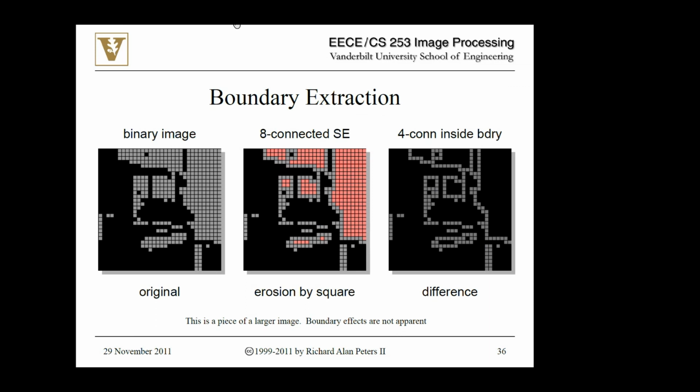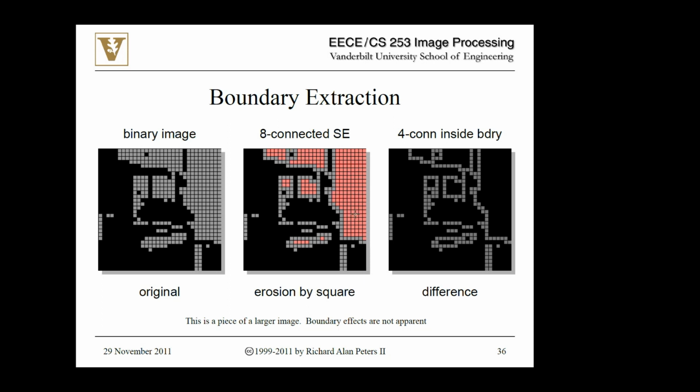Okay, so this boundary is an inside boundary, where all the pixels in the boundary share an edge. So how is this calculated? You take the original image and erode by Z4, the square. When you erode by Z4, this is the result.